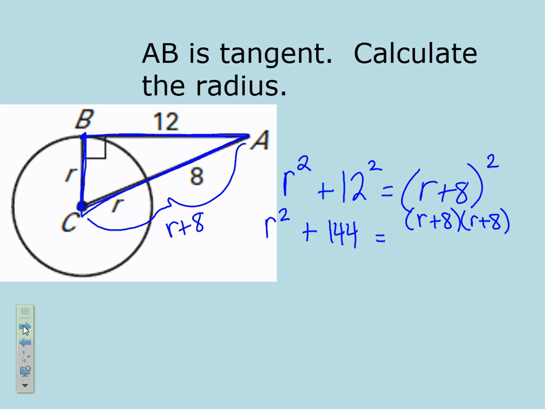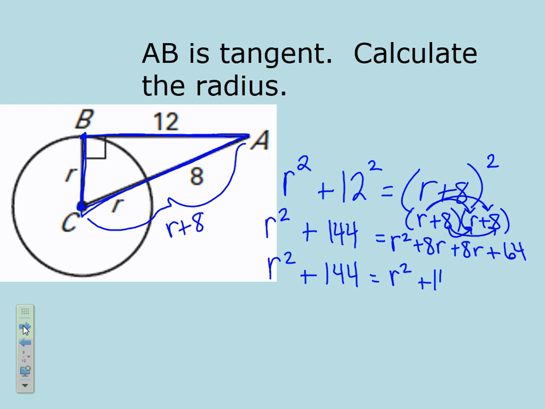So if we distribute this out, R times R is R squared, R times the 8 in the back is 8R, 8 times another R is another 8R, and the 8 times the 8 in the back is 64. So you may remember FOIL or double distribute. However you learned that in Algebra 1, please make sure you remember that now. So R squared plus 144, and then the other side is R squared plus 16 R's plus 64.